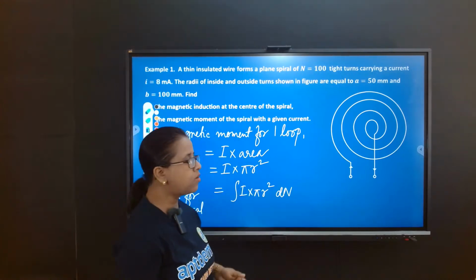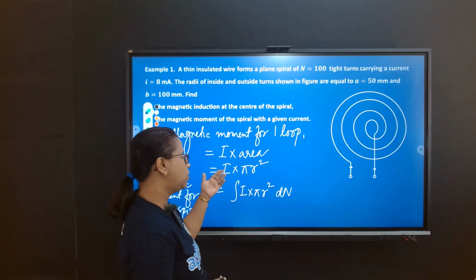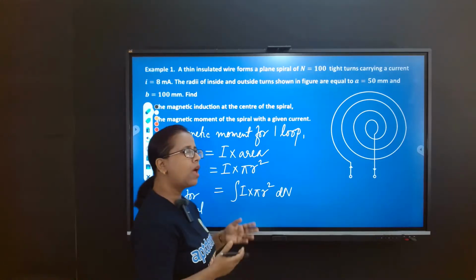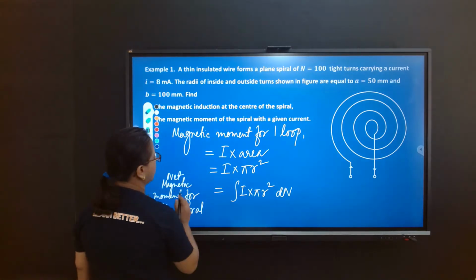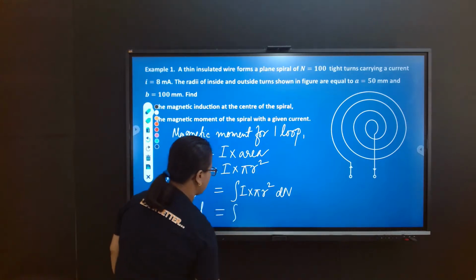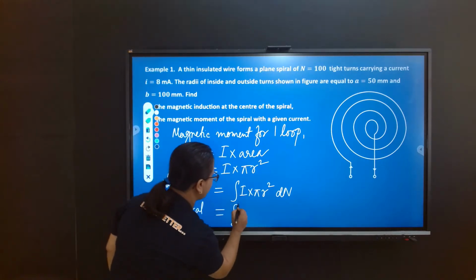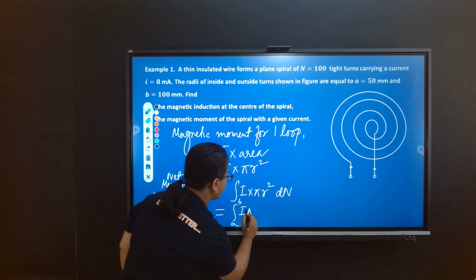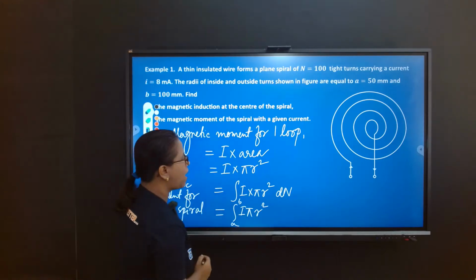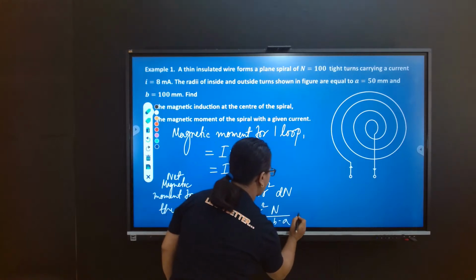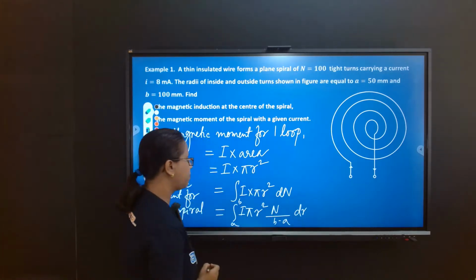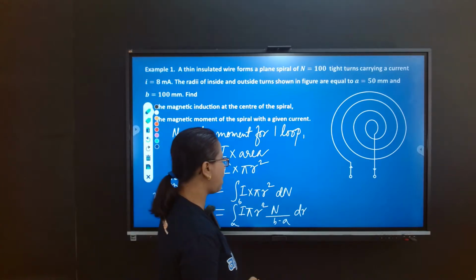Now, just substitute the value of dn, give proper limits to it, and solve it to get the net magnetic moment. So, the limits are a to b, we have I, pi, r square, and dn is n by b minus a times dr. So this is the thing which we arrive at.